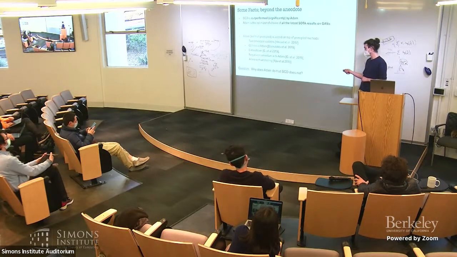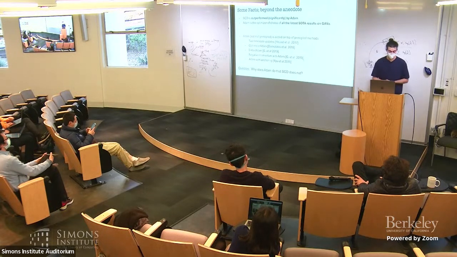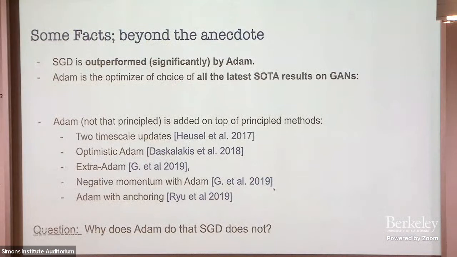And if you look at the papers that proposed principled methods such as optimism or anchoring, when they were trying to do some experiments on CIFAR, they also plugged Adam on top of their techniques. And yeah, I'm part of this.